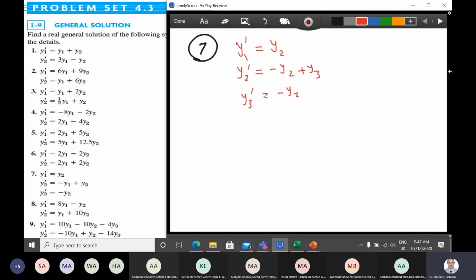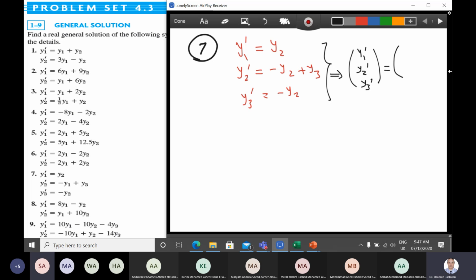Can we write this one in terms of matrices? Yes. I can write this one as y1 dash, y2 dash, y3 dash equal to, what is the coefficient matrix?